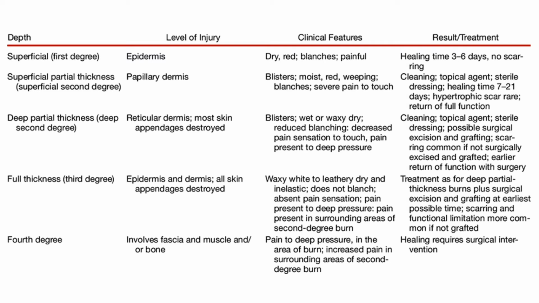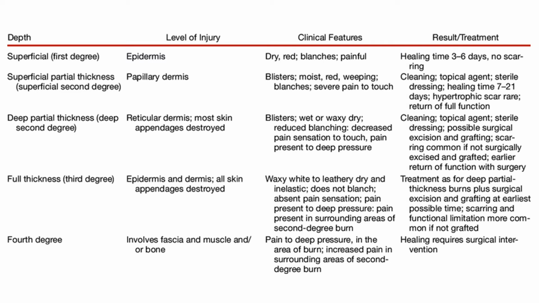So going down to our second is our superficial partial thickness, also known as superficial second degree. And the level of injury is now going down to the papillary dermis. So now we're going to start to see some blistering. The blisters become more moist and weepy, still blanch, and the patient has severe pain.